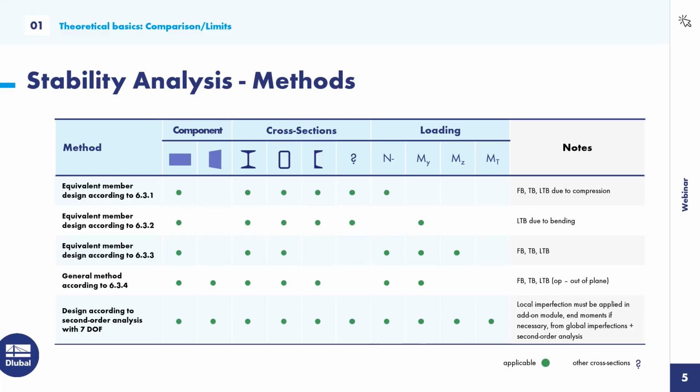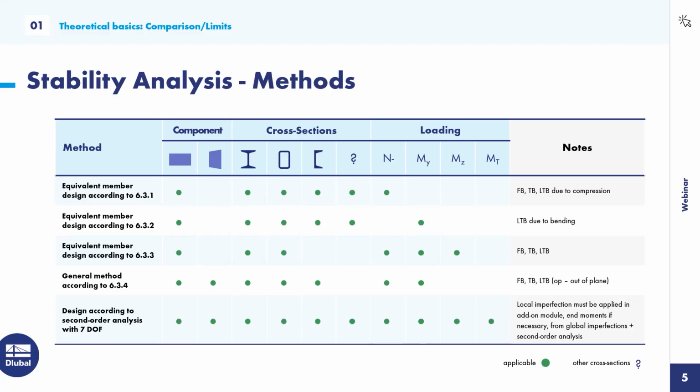You can see normal forces and moments about the strong and weak axis are possible. Then the different designs, flexural buckling, torsional buckling, and lateral torsional buckling will be done.